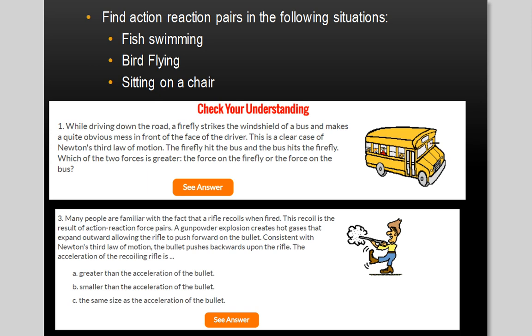While driving down the road, a firefly strikes the windshield of a bus and makes a quite obvious mess in front of the face of the driver. This is a clear case of Newton's third law of motion. The firefly hit the bus and the bus hit the firefly. Which of the two forces is greater, the force on the firefly or the force on the bus?